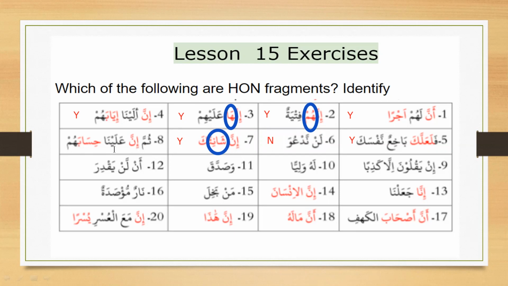Yes, inna. And then tell me one ism or pronoun which is nasb in status. Ala is a harf of jar. Na is, yes, hisaba. Hisaba is the ism which is nasb in status.